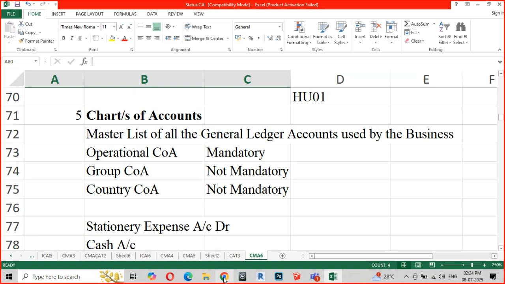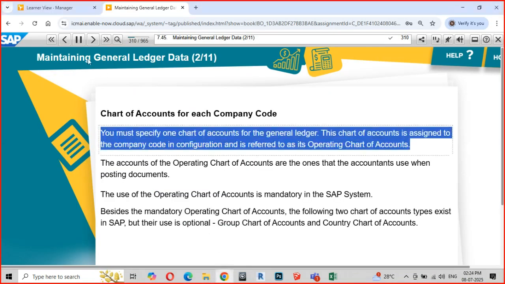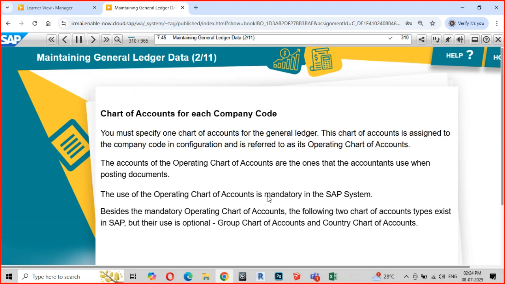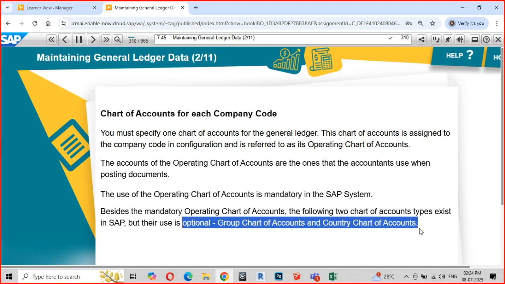Was this clear? Let us go through a few more. The operational COA is mandatory, but the usage of your group and country chart of accounts is based on the requirement.